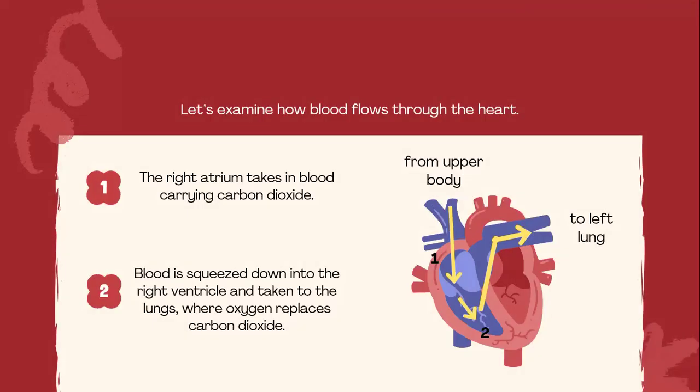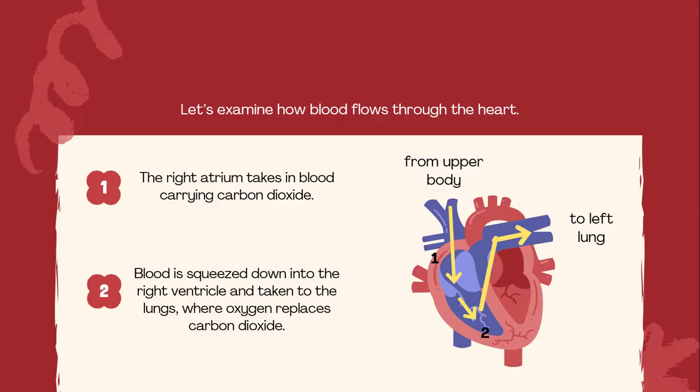Just a quick recap, because to understand cardiac output, you need a basic understanding of the cardiac cycle. As we discussed in the previous session, the right atrium takes deoxygenated blood from the body.